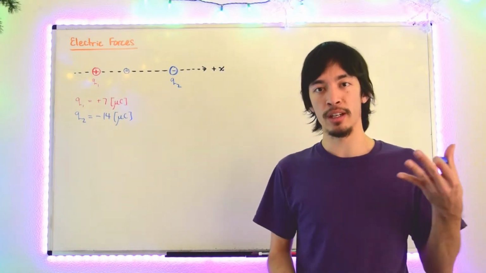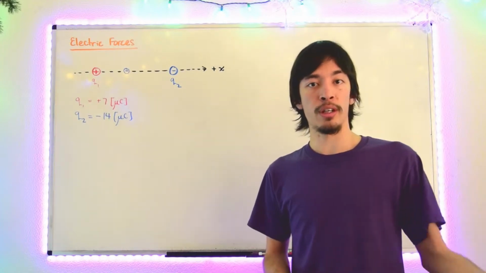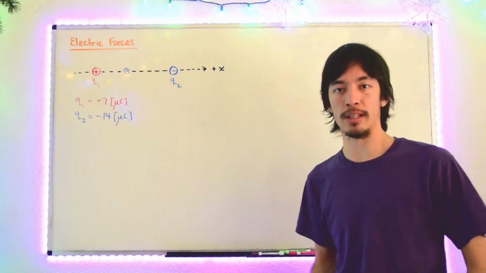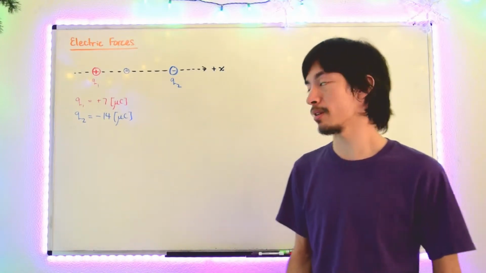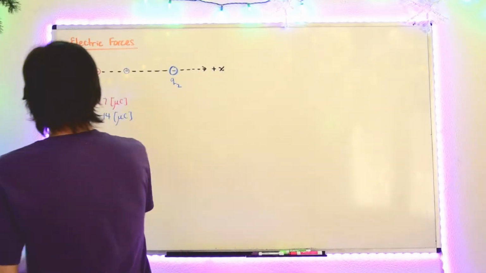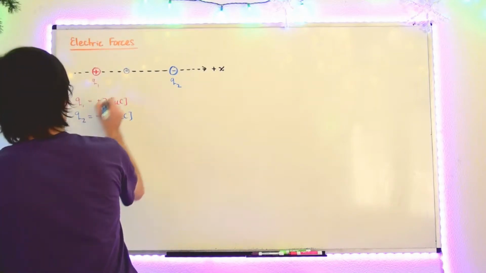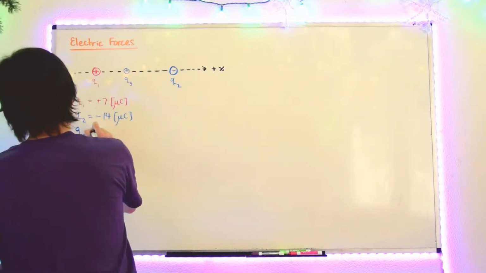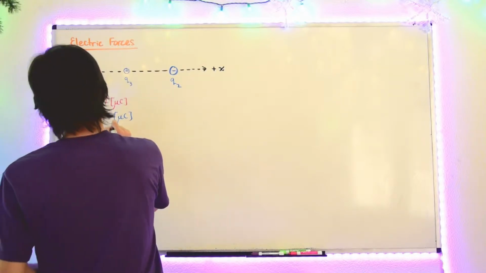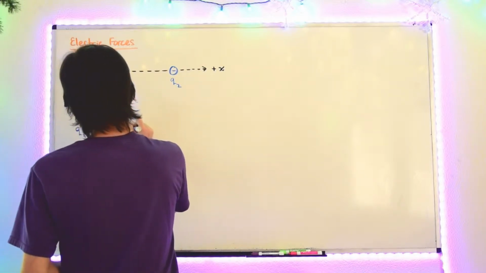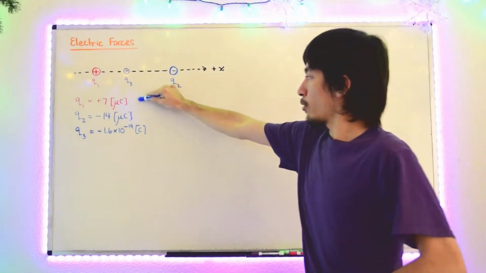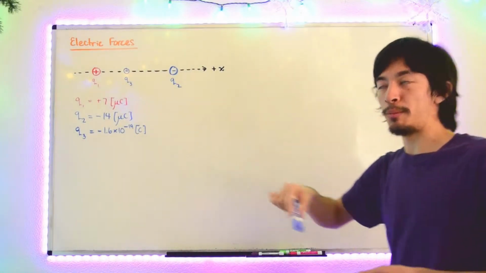Electrons have the elementary charge, or the electron charge constant, which is 1.6 times 10 to the minus 19th coulombs. So if we call this Q3 for our electron, Q3 has a value of negative 1.6 times 10 to the minus 19th coulombs. These are in microcoulombs. This is given already in coulombs.